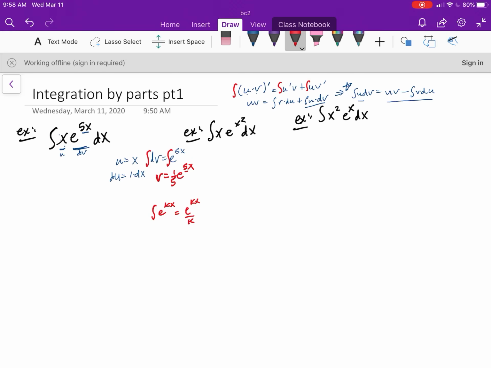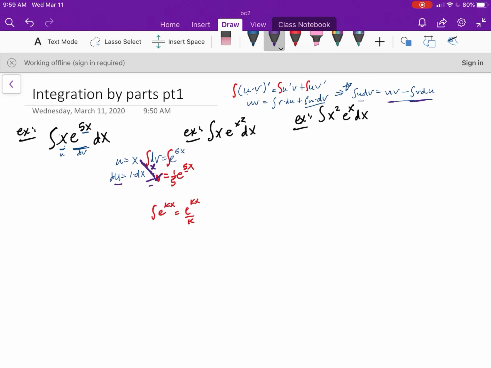The reason it's set up this way is it makes for a quick memorization technique. You do u du, and then you go backwards dv v, and the formula only needs this and this minus this times this. So you're going u times v minus the integral of v du. Again, I wrote the formula over here so we could reference it.